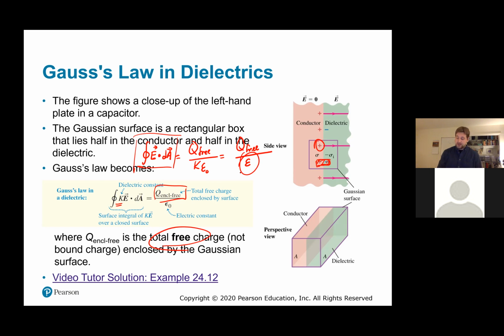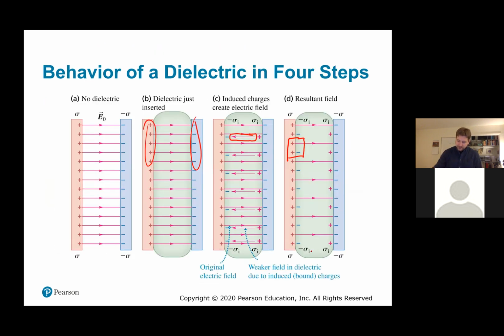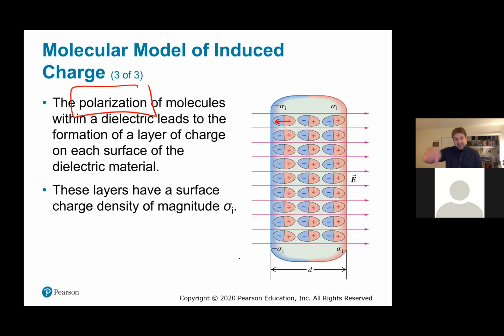Total free charge. You know, I think we got to go back. The free charge, that's these guys. This negative charge right here is a representation of this. This is not a conductor. These charges are not free to move around.